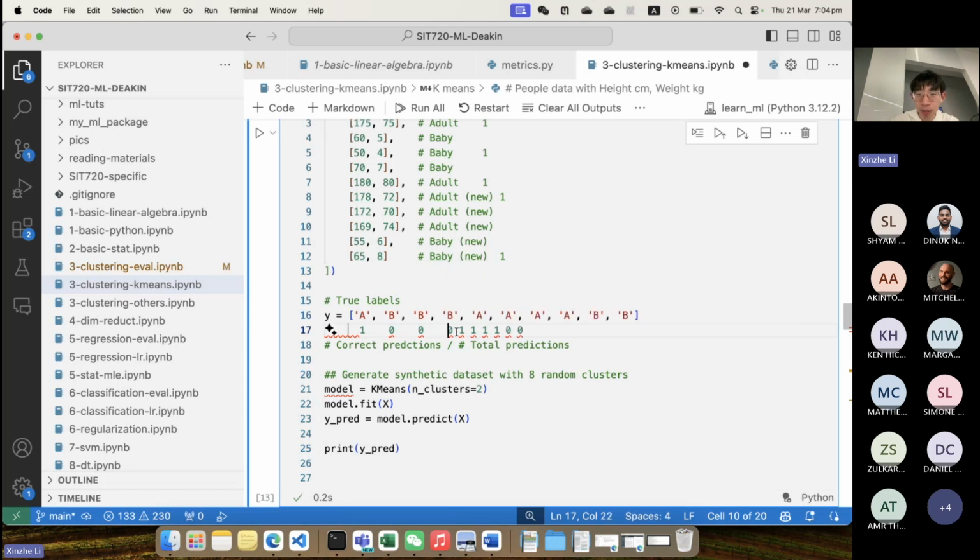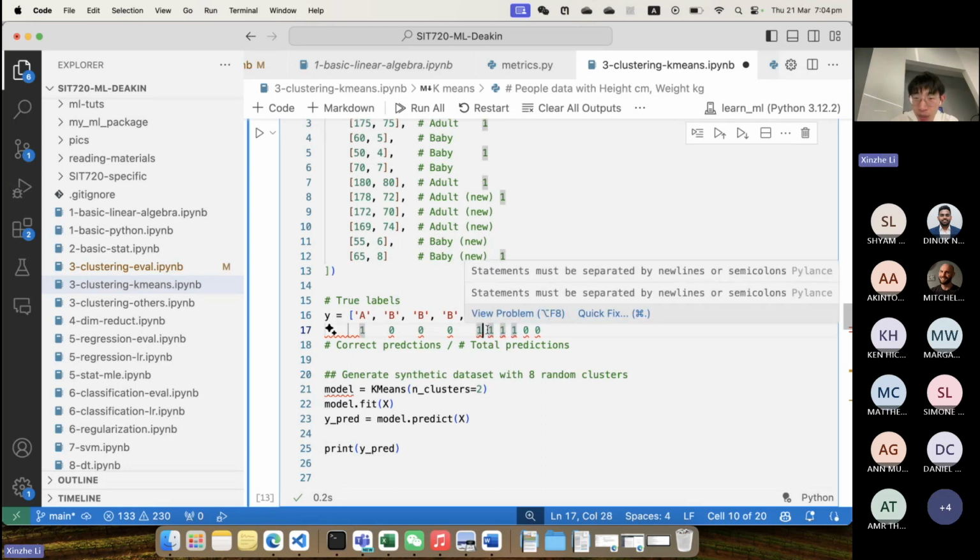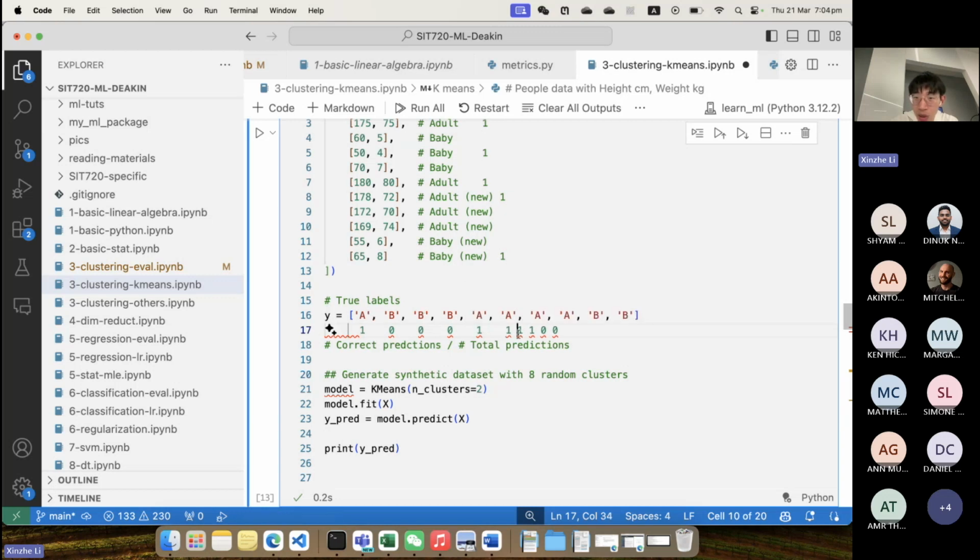Here it's easier. All the examples in this one cluster correspond to the examples with the label A. So I will say 1 is for A, and all the examples in the 0 cluster correspond to B examples.